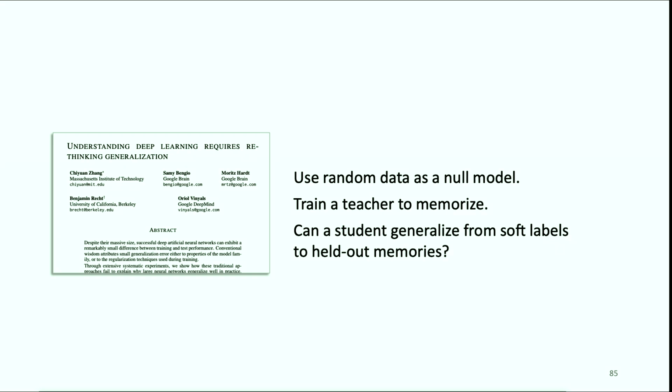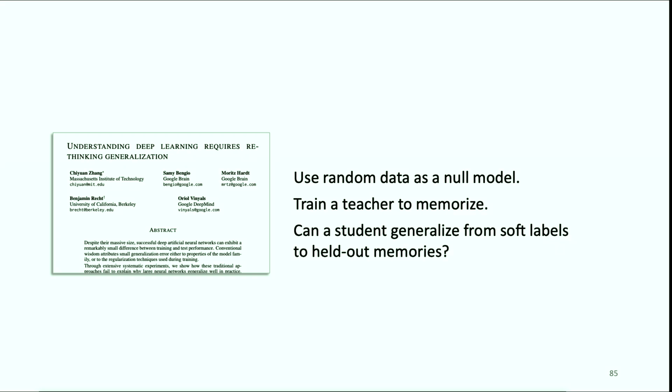And famously, this is a nice model that shows the power of networks, because they're really good at this task. If you shuffle datasets around with the labels, you're often still able to memorize them with the capacity that we have. And then the question is, if we train a teacher to memorize information, can a student then generalize on this?